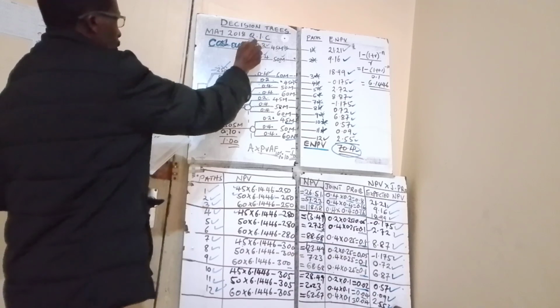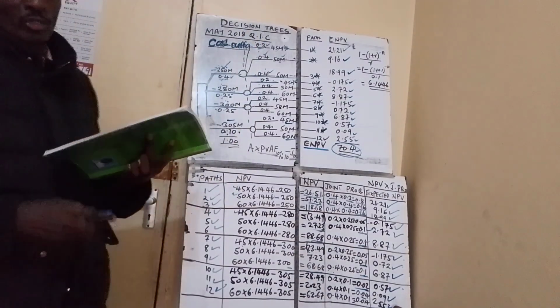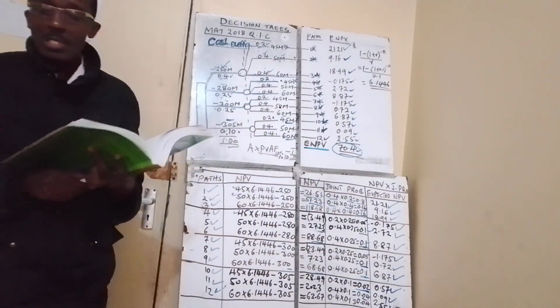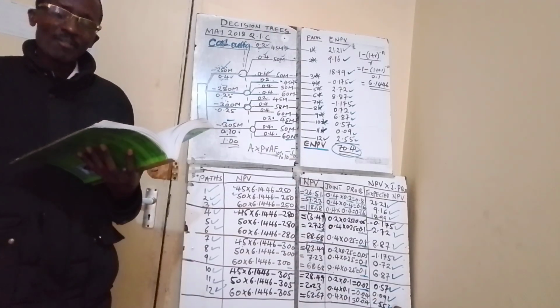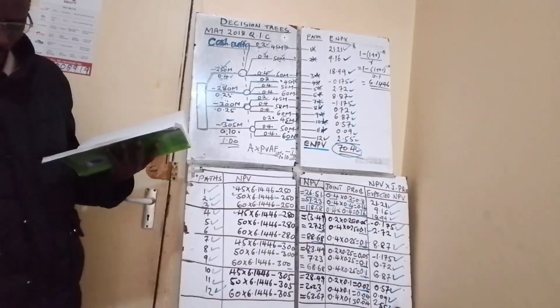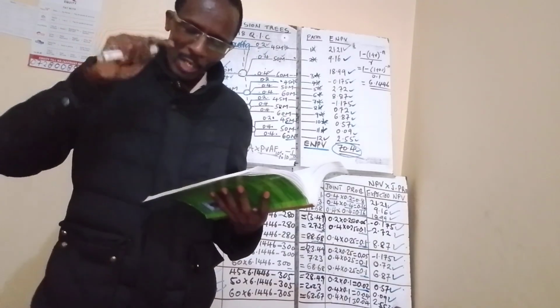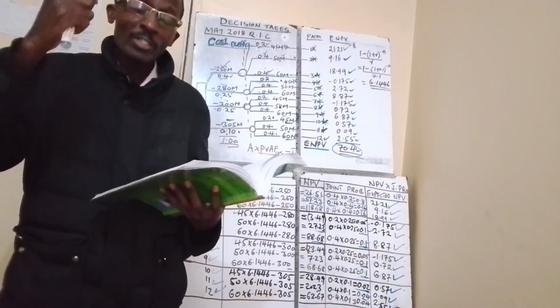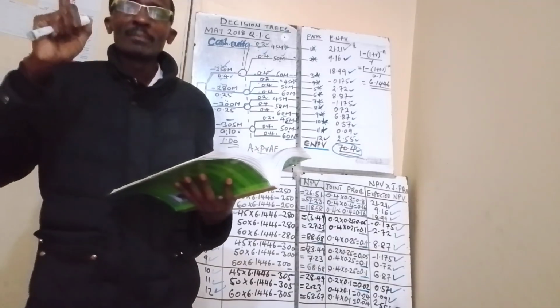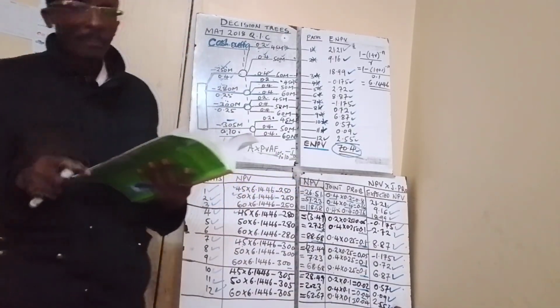That is something you should know. Part of your decision tree, especially in FM, should comprise of cash outlay together with the expected or respective probabilities. That one you must know somewhere in your mind.